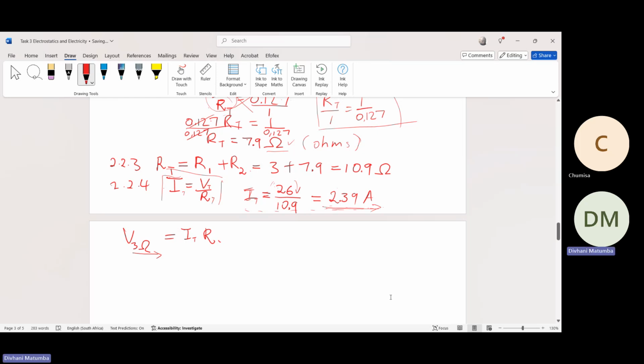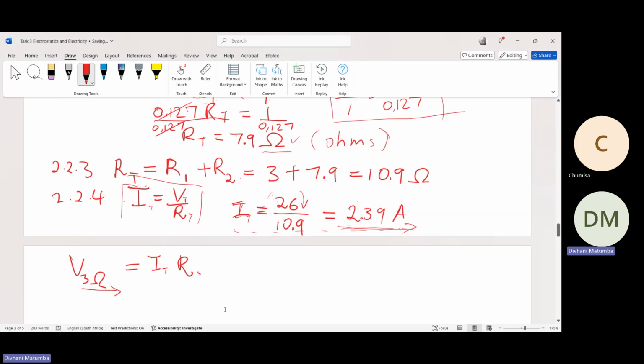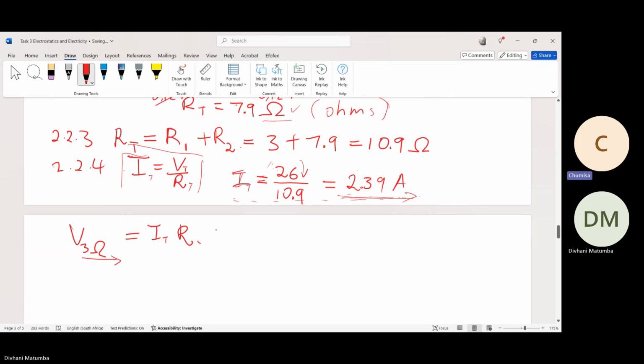Now, how do we substitute? Okay, what will be our current? Oh, it's 26 volts, sir.